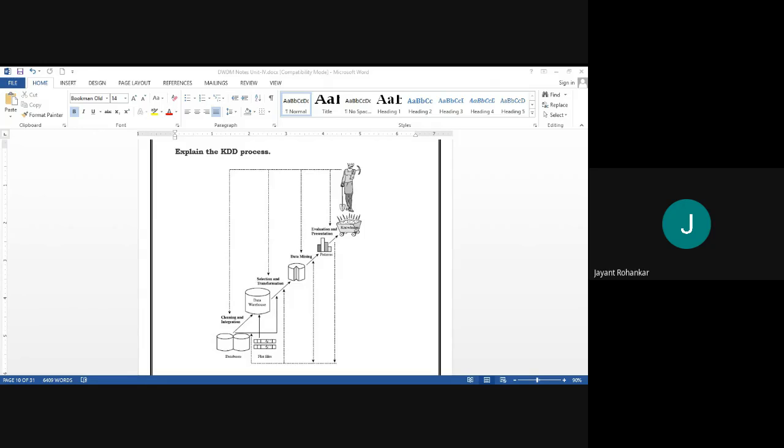Likewise, a database has a large amount of data, and that large amount of data is not able to provide what is used to take decisions. That's why we need to apply the process which is used to get knowledge from the large amount of data.